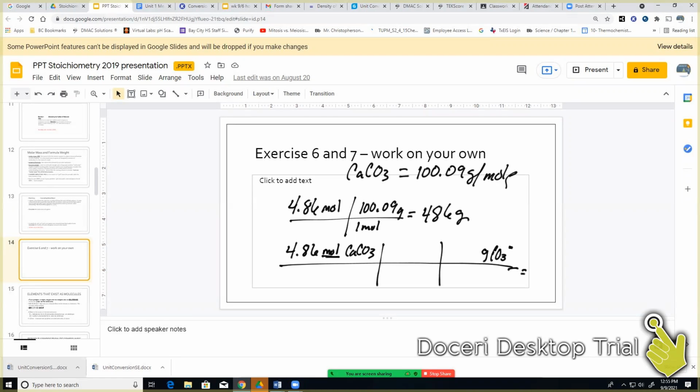So our first thing, if we're moles of calcium carbonate here, we have to be moles of calcium carbonate down here. So you would say in 1 mole of calcium carbonate, how many carbonate ions would I have? This is 1 mole. How many carbonate ions are in there? Just one.